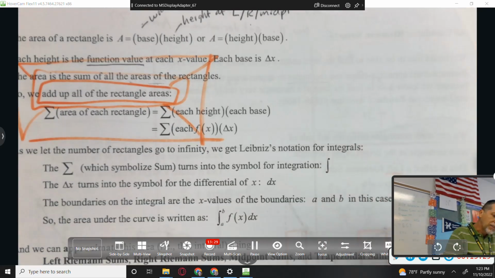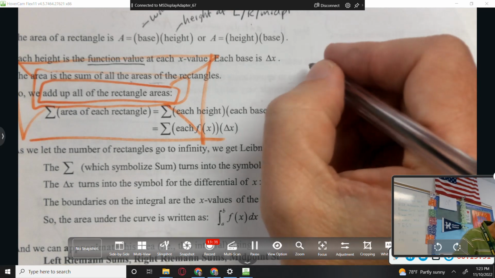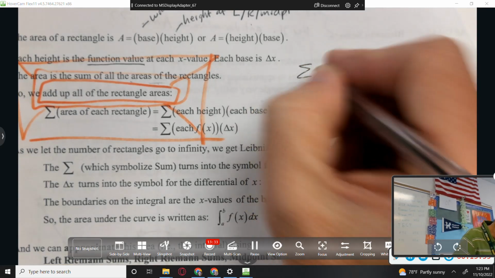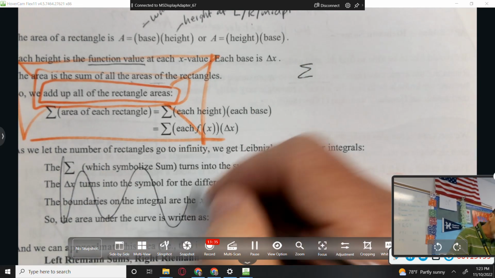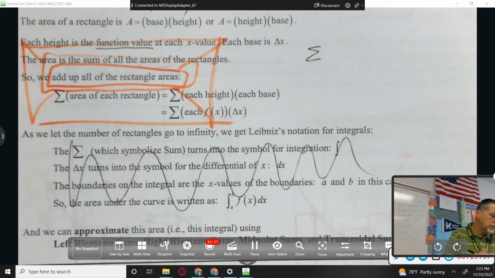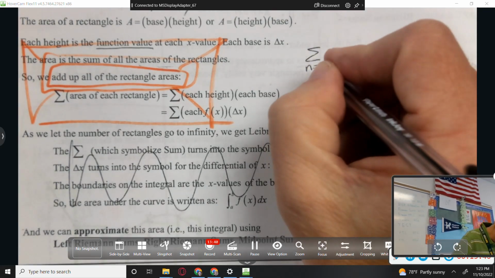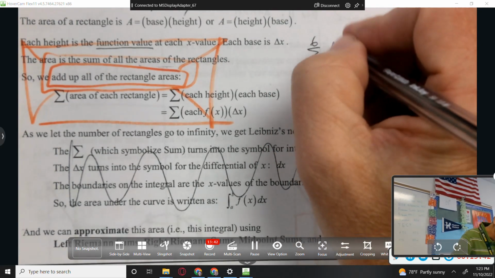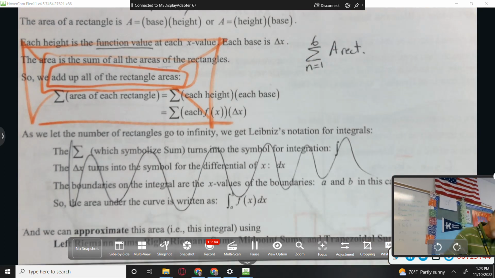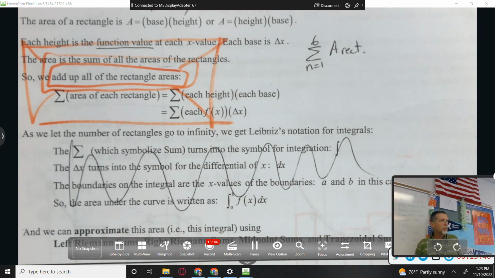Now, what gets a little bit strange will start to make the connection till tomorrow. So you can kind of ignore all of this stuff. Let me see if I can simplify this a little bit. That summation sign, you remember that from pre-cal? It means add them all up. It's a sigma. Add up all the areas.